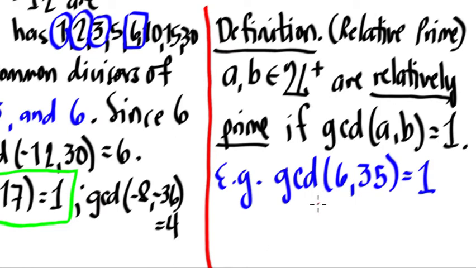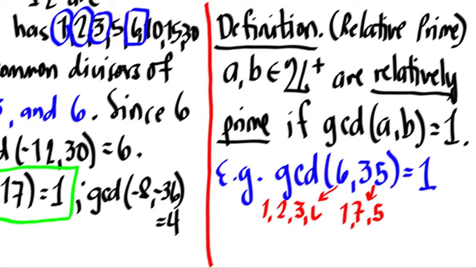So 6 has divisors 1, 2, 3, and 6, while 35 has divisors 7 and 5. So as you can see, there's no common divisor, and of course 1, I forgot. So 1 is the only common divisor for both of them. Therefore, we can say that 6 and 35 are relatively prime.